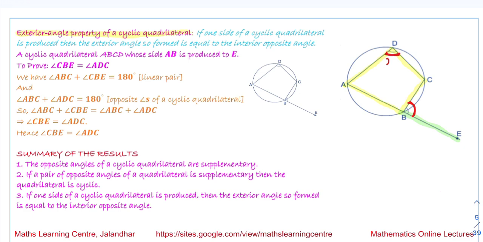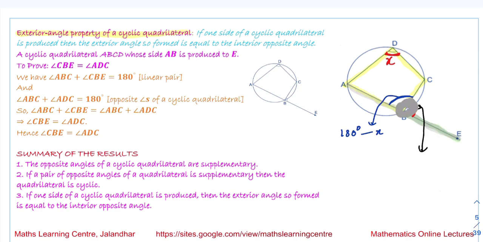Suppose the value of this angle at D is x degrees. ABCD is a cyclic quadrilateral. It means this angle at B over here is 180 degrees minus x. Then for the angle at B over here, we are saying ABE is a straight line.